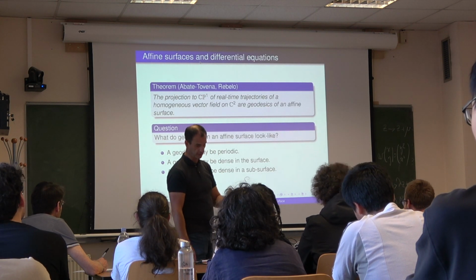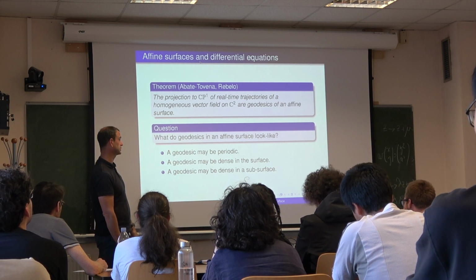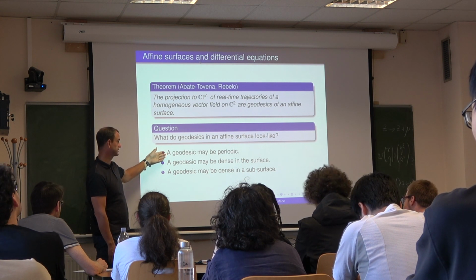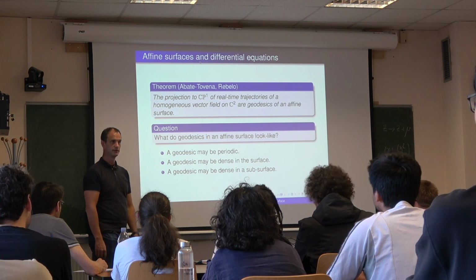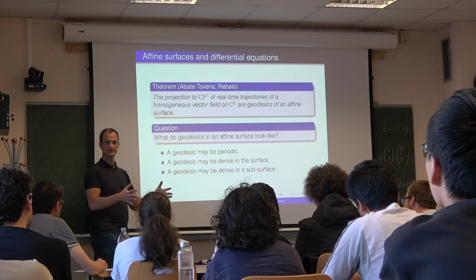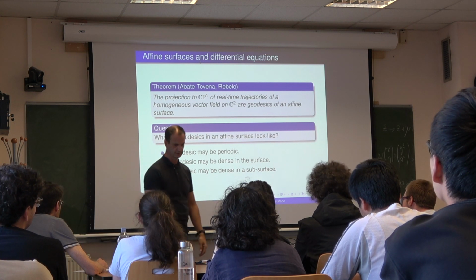So the question, for example: what do geodesics in an affine surface look like? There are examples of geodesics which are periodic, examples of geodesics that are dense. There are even examples of geodesics which are dense in something, not the whole surface, but just a part of it.